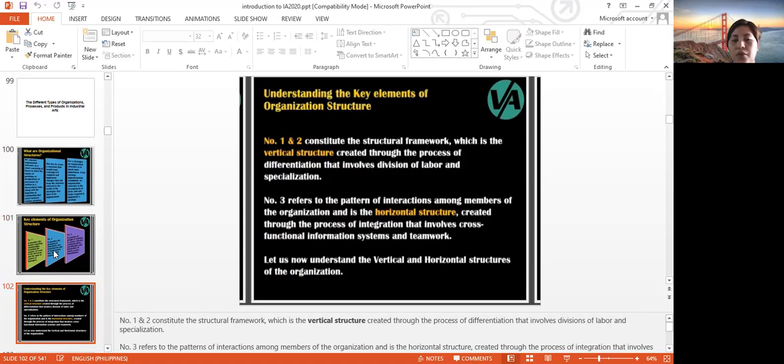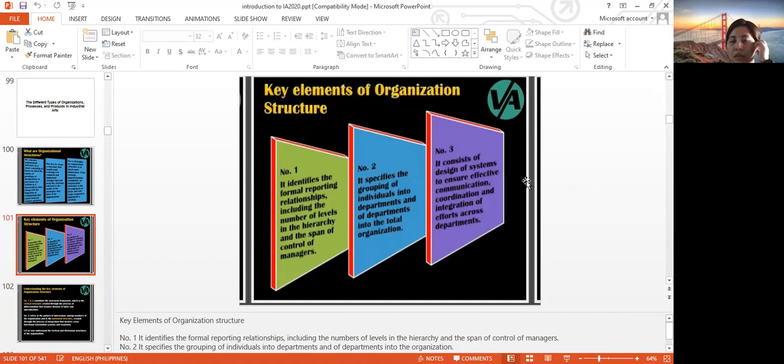So if you observe these key elements of organizational structure, number one and number two are under the vertical structure, whereas number three is the horizontal structure. So what is the difference between these two? You will see that number one and number two is centralized, whereas number three is decentralized.